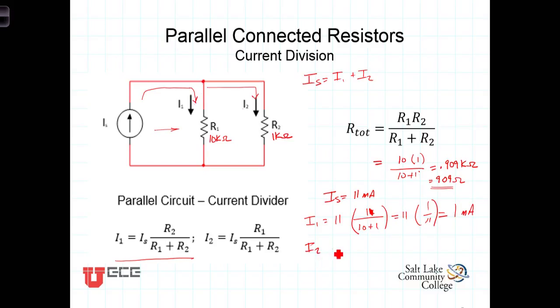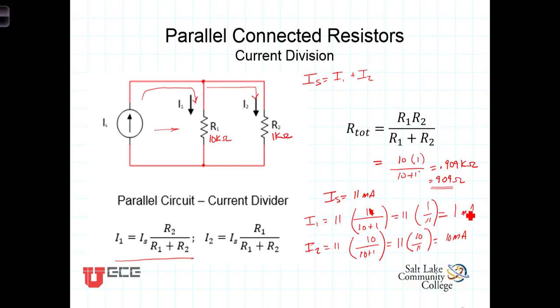And similarly, I2 is going to be I source, 11 milliamps, times R1, the 10 kiloohm resistor, over 10 plus 1. And that equals 11 times 10 elevenths, or 10 milliamps.